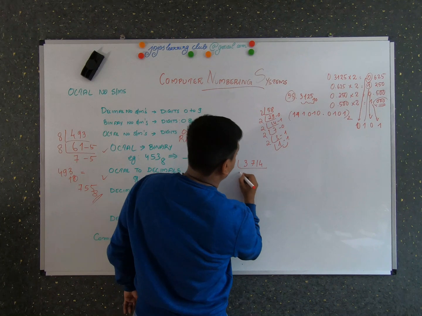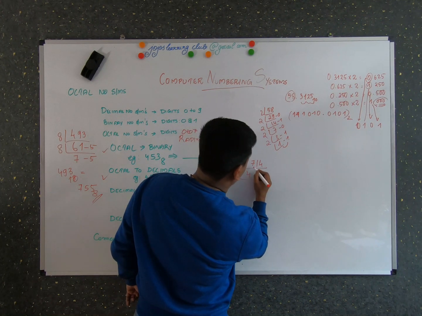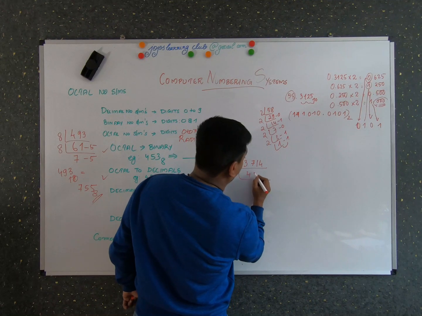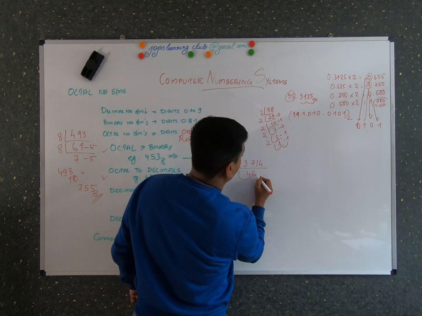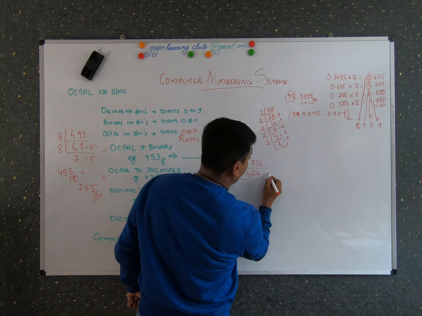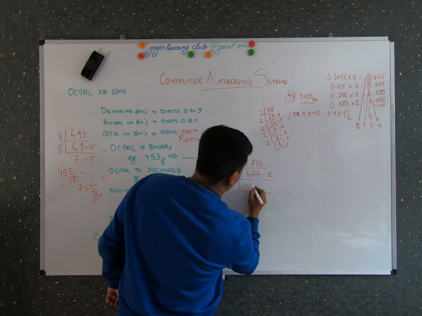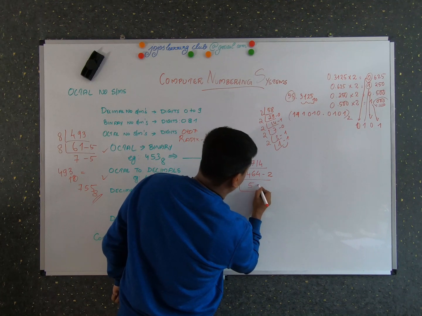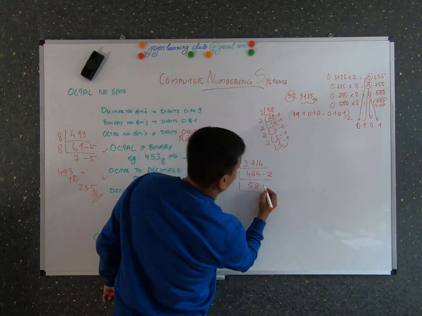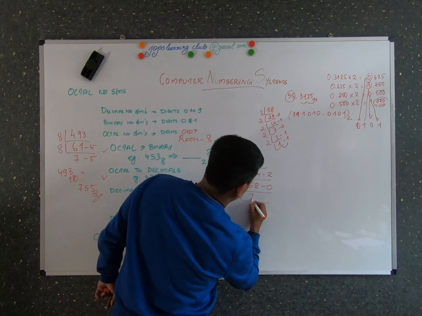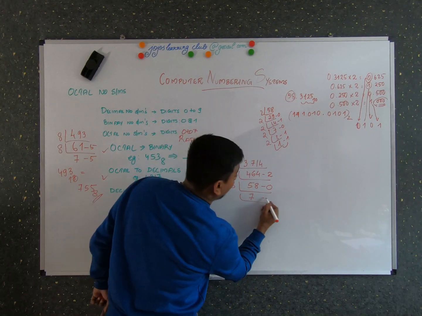So 8 4s are 32, I have a remainder 1. Then 8 6s are 48, 8 4s are 32, I have a remainder 2. Again I divide by 8. 8 5s are 40, 8 8s are 64, I have a remainder of 0 here. And again 8 7s are 56, and I have a remainder of 2.